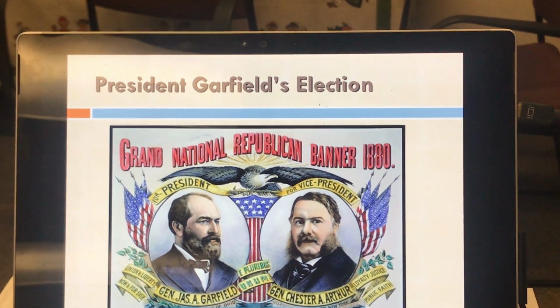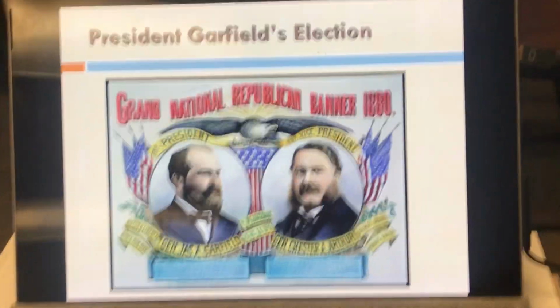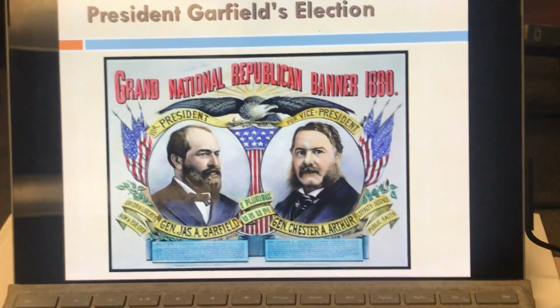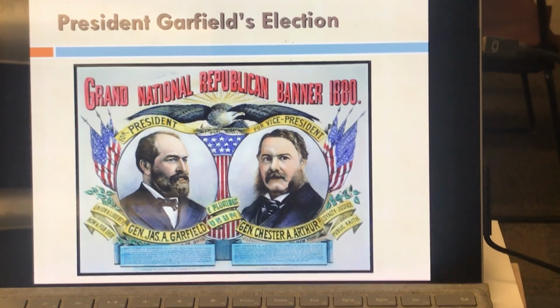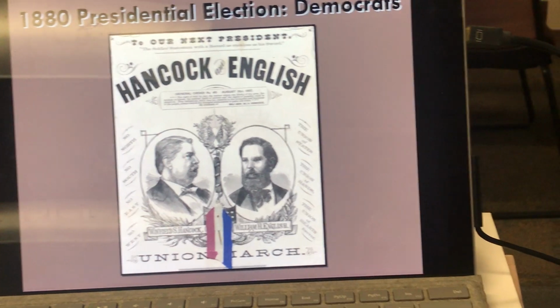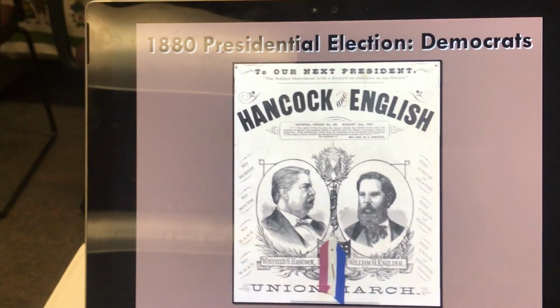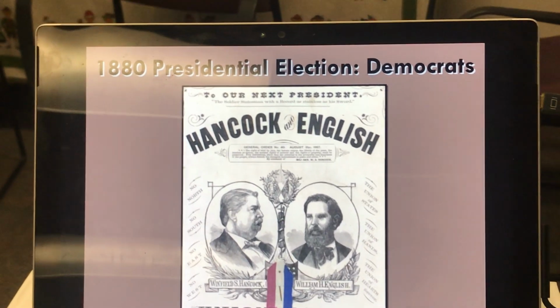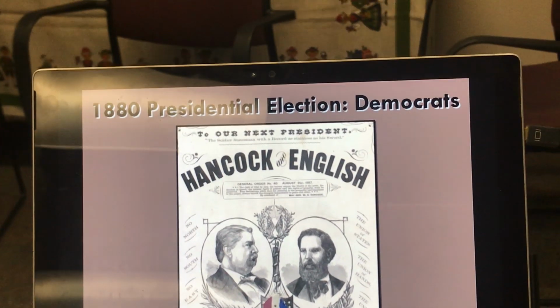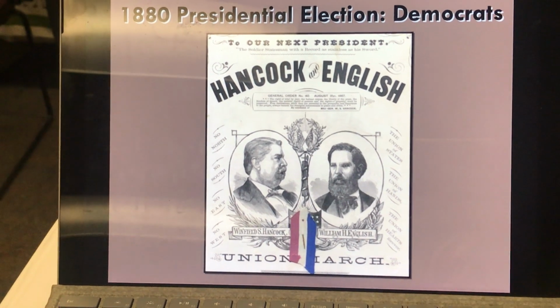Then you have President Garfield's election. And you also learned about this in your Reconstruction unit. This is what actually ends Reconstruction in the South, because there is a bargain that is reached to get Garfield elected. The South basically allows Garfield to become the president as long as the Union takes the remaining troops out of the South.